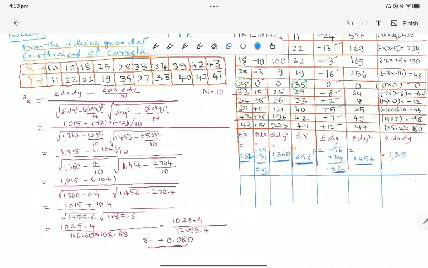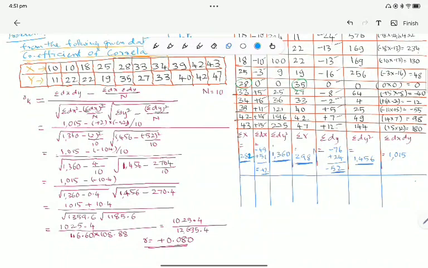The square root of 1359.6, using the calculator, is 116.60, and under root of 1185.6, using the calculator, is 108.88. These two values you multiply in the denominator.